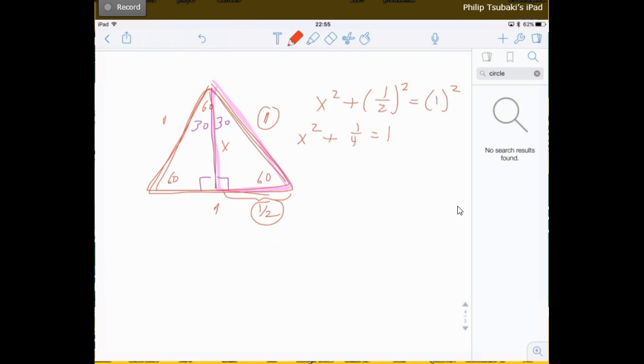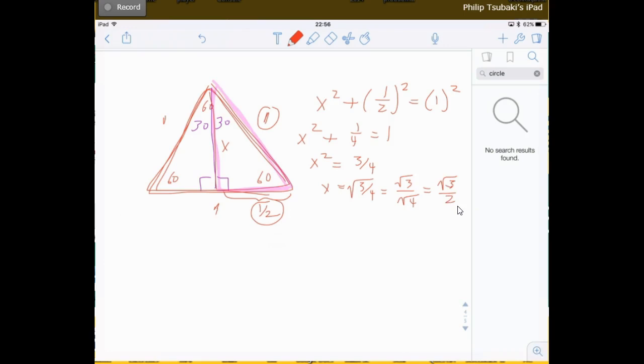Now let's take the x squared, we'll isolate it by subtracting 1/4 from both sides. We'll get x squared equals 3/4. Let's take the square root of both sides. We'll get x equals the square root of 3 over 4, which happens to be the square root of 3 over the square root of 4, which happens to be the square root of 3 over 2.